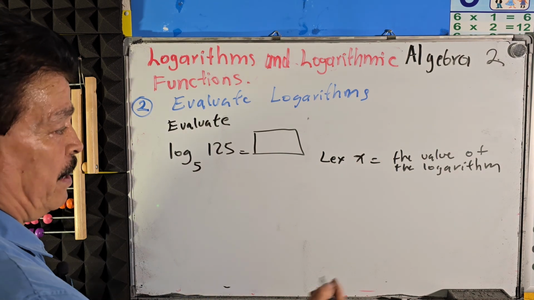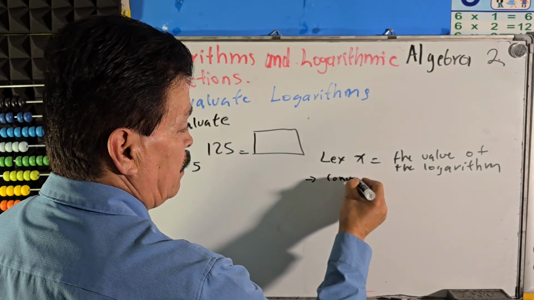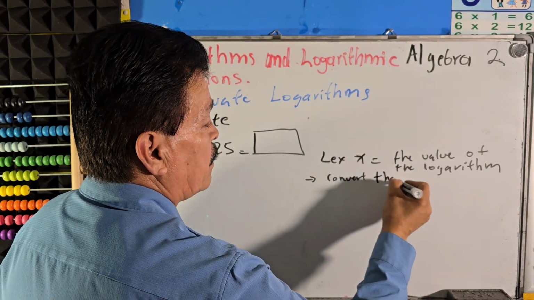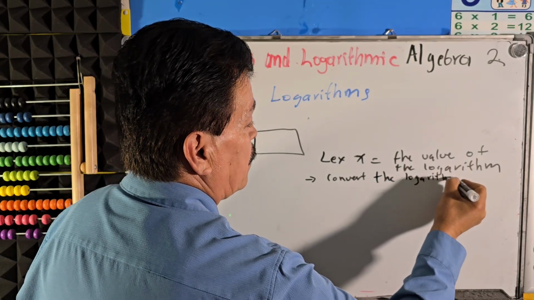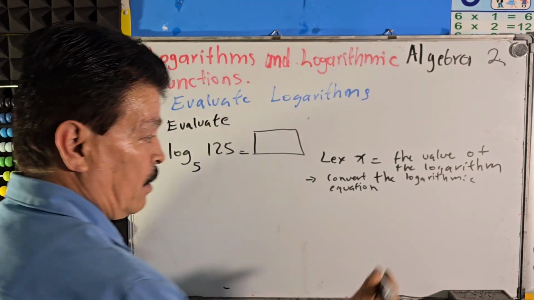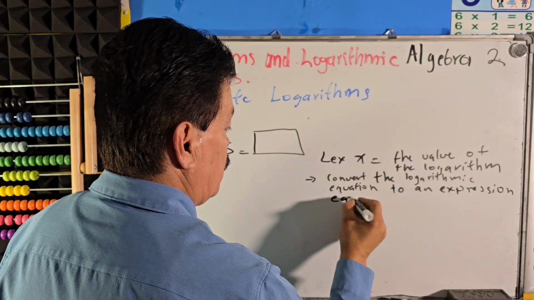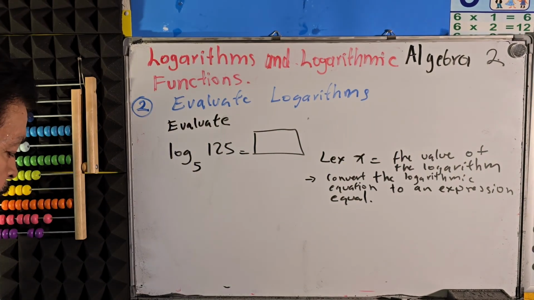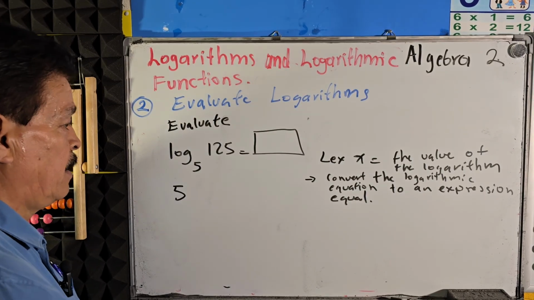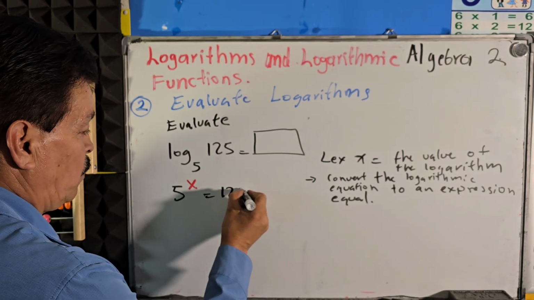Next step, we have to convert the logarithmic equation to an exponential equation. So just write 5 to the x equals 125.